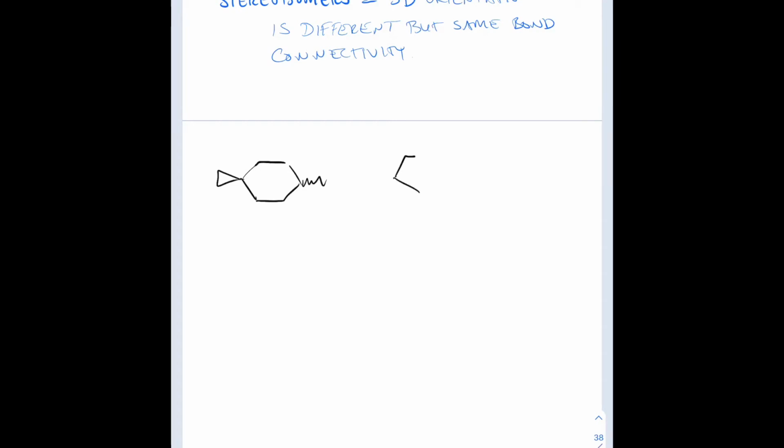Let's say we've got this guy, and then this guy, and then we've also got this guy. Sorry, my wedges and dashes are not gorgeous, but I think you get the idea. One thing we want to mention real quick is that trans and cis are prefixes, and when we're naming these compounds, we place them at the beginning.